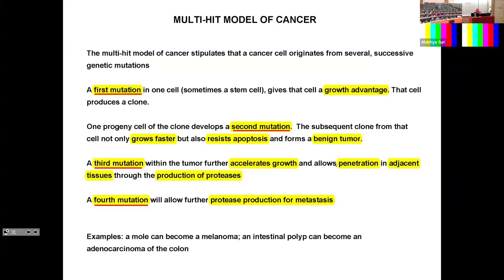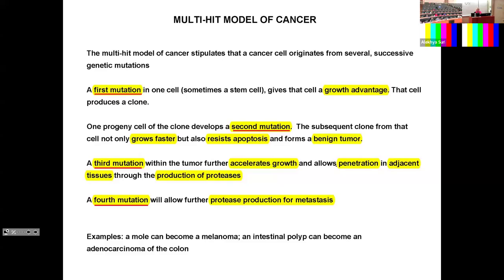So I mentioned before the multi-hit model of cancer. What is that? The multi-hit model of cancer stipulates that cancer cells originate from several successive genetic mutations, right? So not only one mutation leads to cancer, you have accumulation of different mutations.